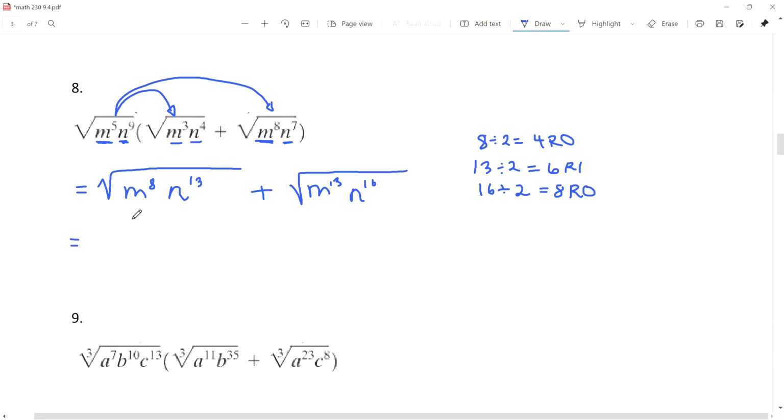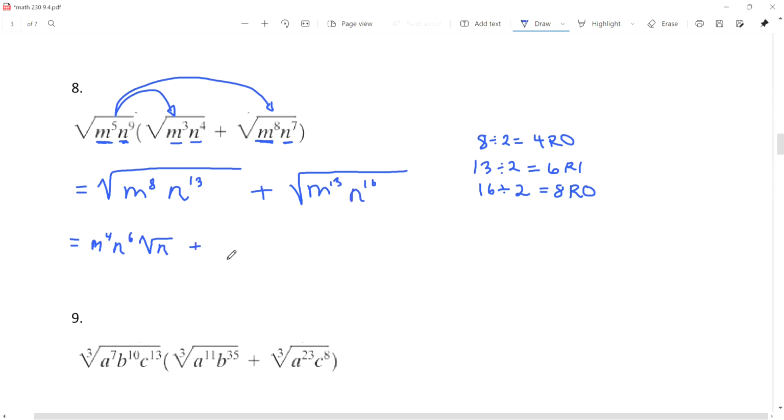So let's look at the first radical here. We know that 8 divided by 2 is 4, remainder 0, so that's m to the 4th on the outside, and no m's on the inside. 13 divided by 2, that's n to the 6th, with a remainder of 1 inside, so that's n on the inside.